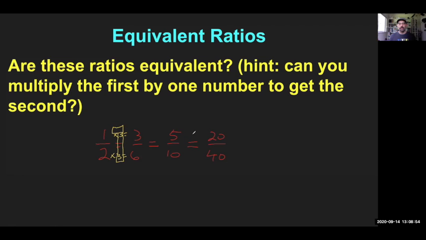Same with this. If I say 5 times 4 is 20 and 10 times 4 is 40, I know that 5/10 and 20/40 are equivalent. They're equal to each other because 4/4 is 1, and you're really doing this fraction times 1 equals this fraction.